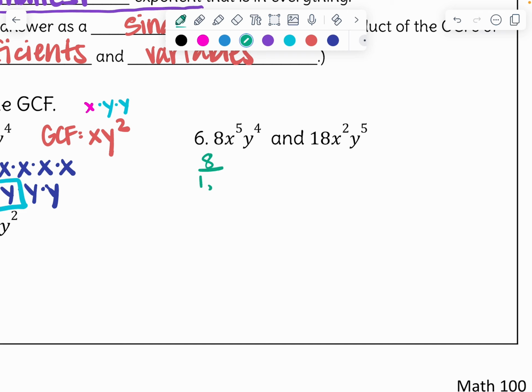So we can multiply 1 and 8, 2 and 4, and 3 is not a factor, so we're done there. For 18, we can multiply 1 and 18, 2 and 9, 3 and 6, 4 is not a factor, 5 is not a factor, so we're done there. So the greatest common factor for the coefficients is 2.